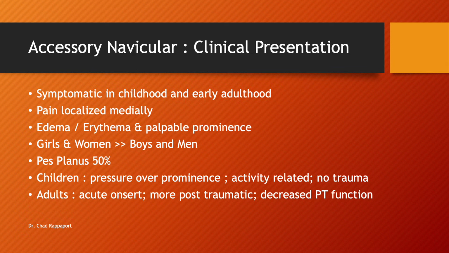Conversely, in adults, there is more of an acute onset. These tend to present more after a post-traumatic event, particularly an eversion-like injury to the foot. And in adults who have an accessory navicular, it's been theorized that these patients have decreased posterior tibial function.